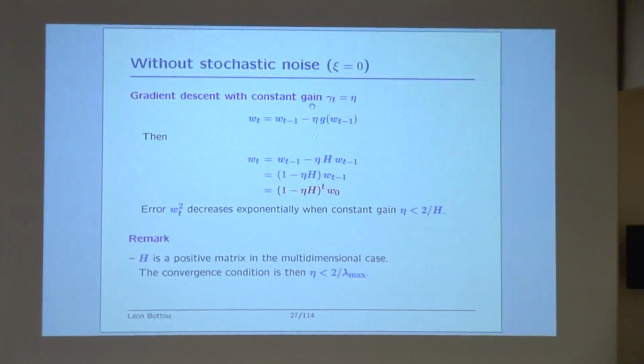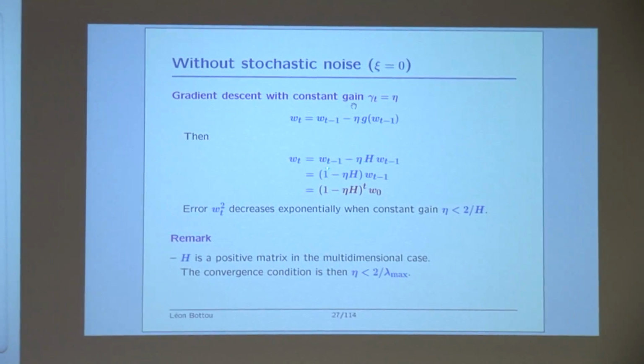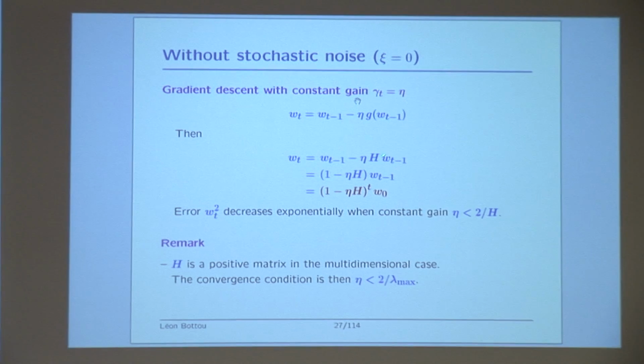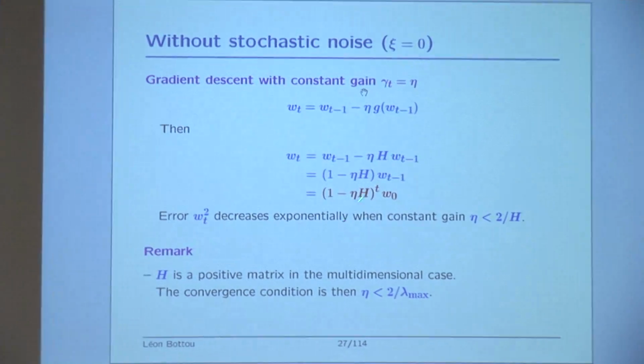So I can write this because g is hw: wt minus 1 minus eta h wt minus 1. And I get 1 minus eta h times wt minus 1, which is 1 minus eta h to the power t times w0. So basically, if eta is less than 2 over h, this thing is in absolute value less than 1.